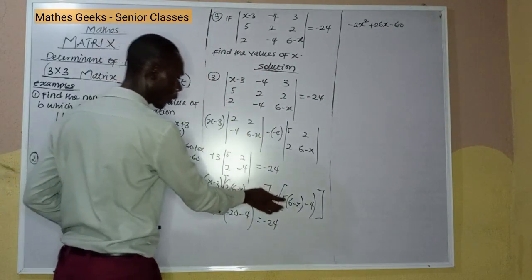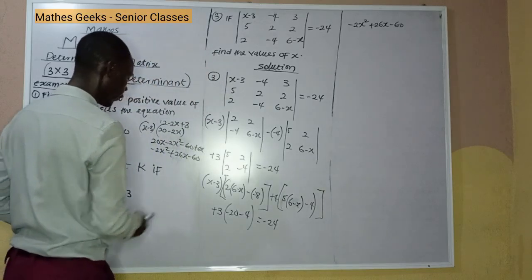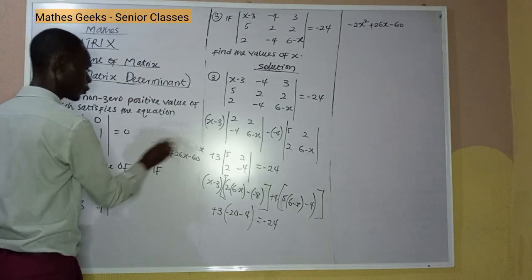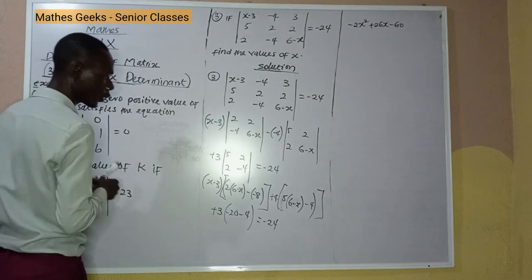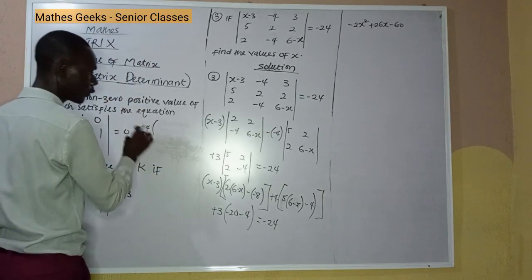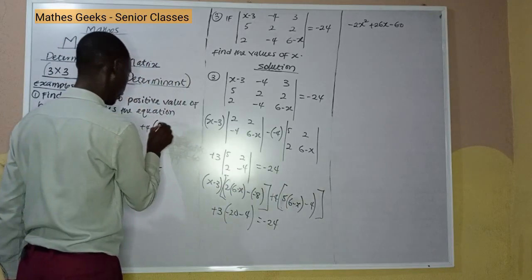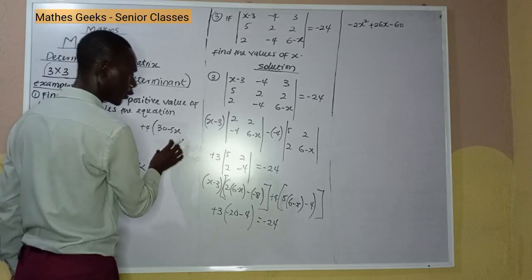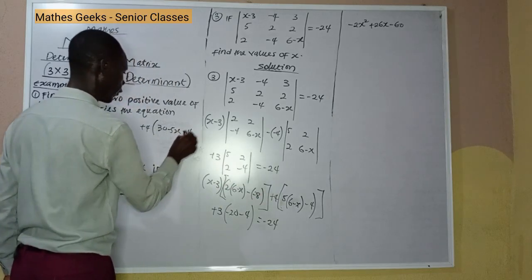Come to this side, plus 4, 5 times 6x. 5 times 6 will give us 30, 5 times minus x minus 4.